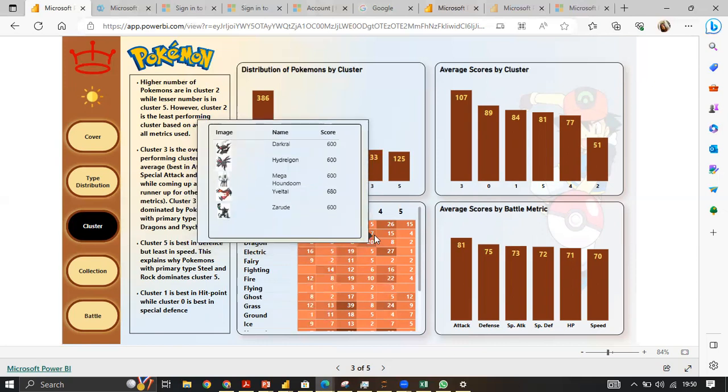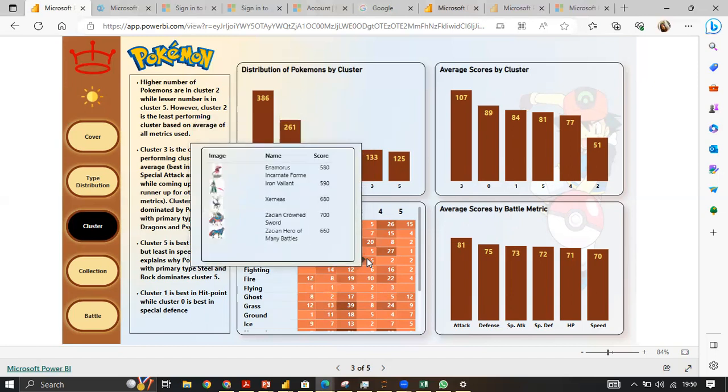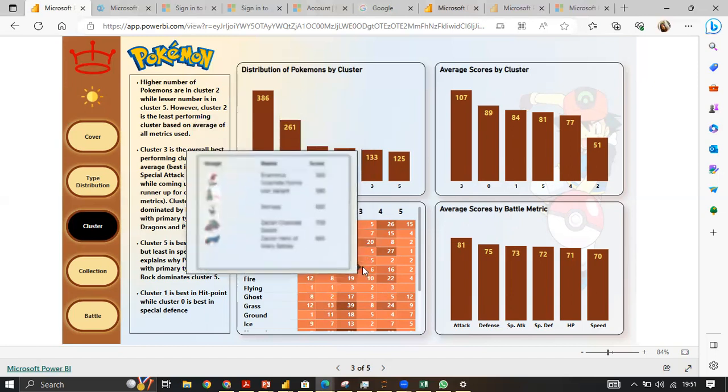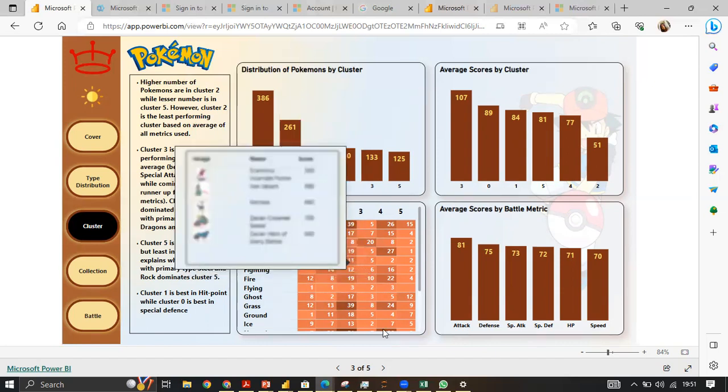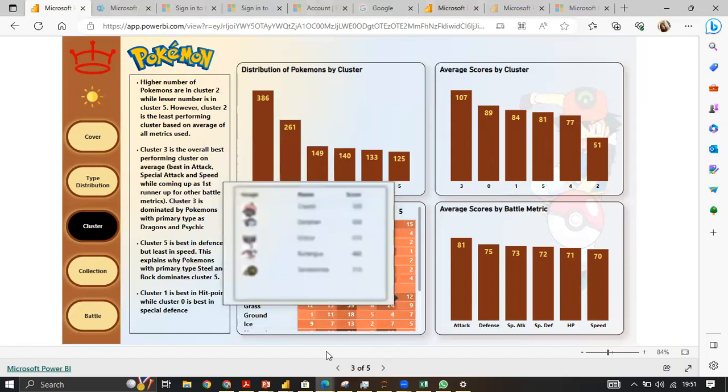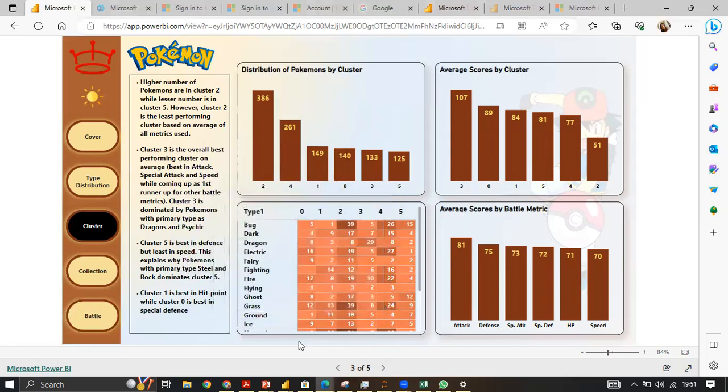You are basically seeing mega everywhere. They are dominating cluster 3. It made me understand that the mega types are the stronger part of their base form. They have a base form, and the megas are like a higher order of the base form.